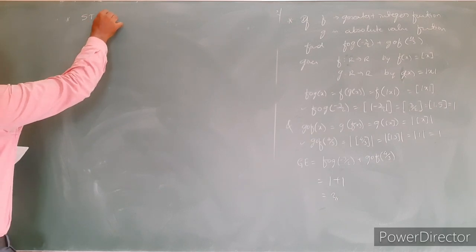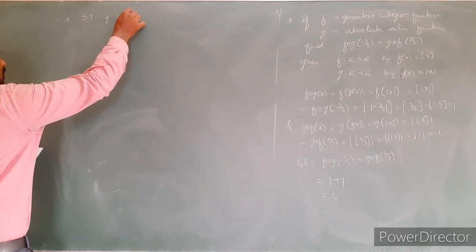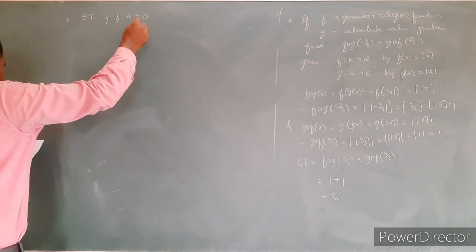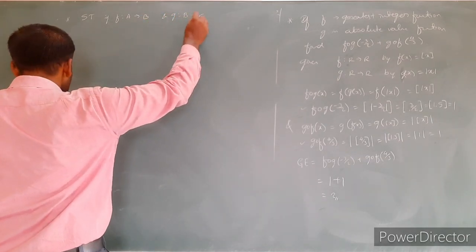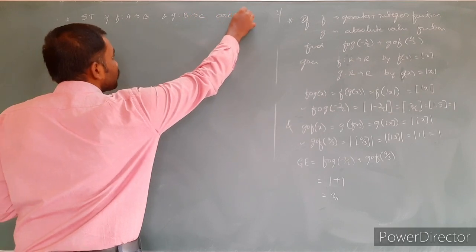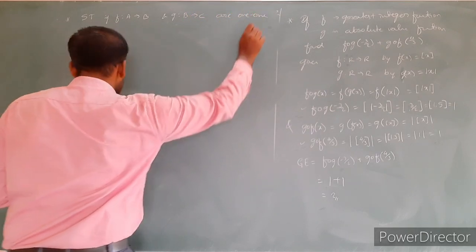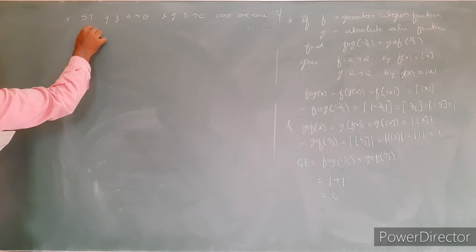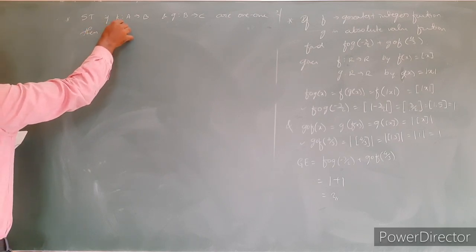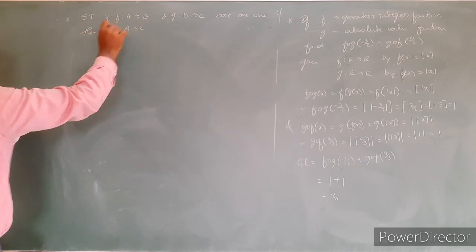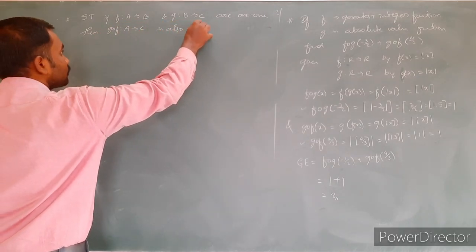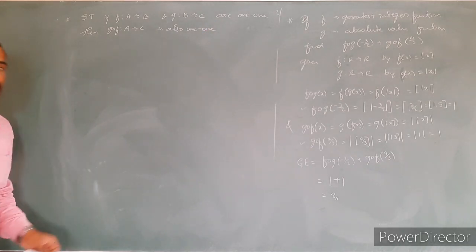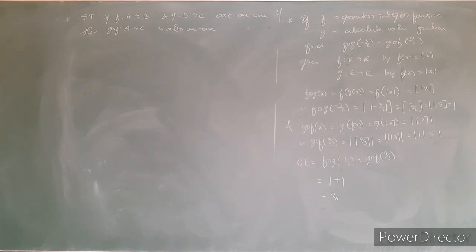Show that if f is a function from A into B and g is another function from B into C, and these two functions are one-one, then g circle f, a function from A into C, is also one-one.